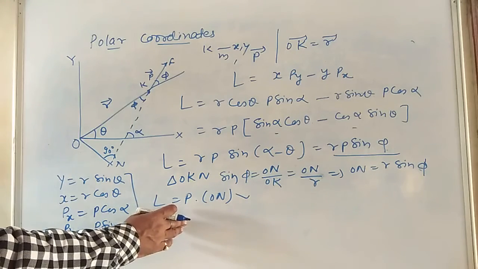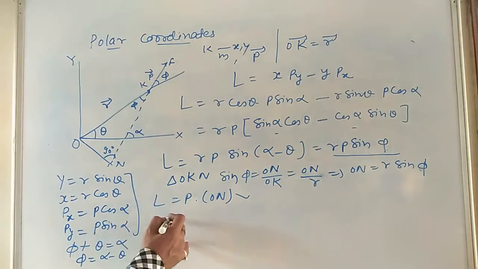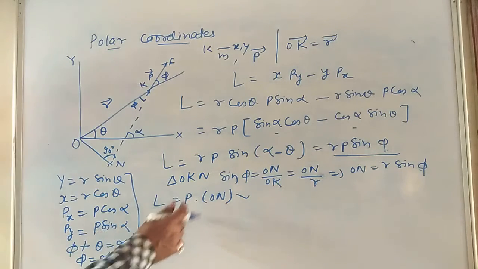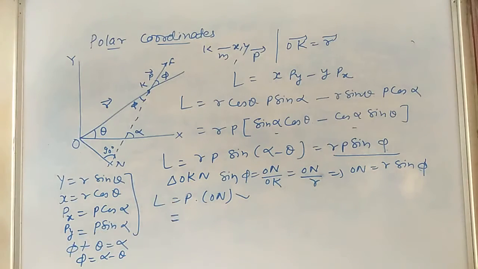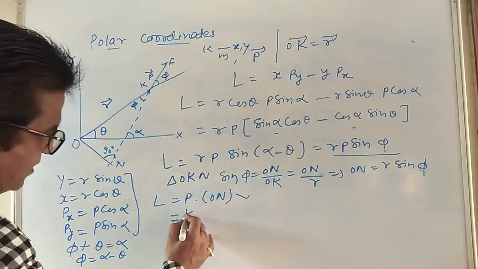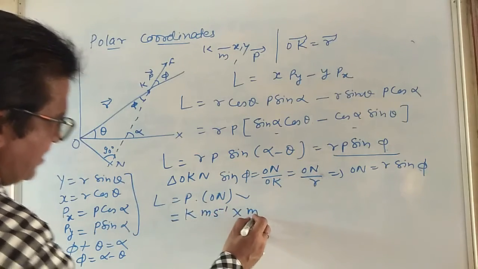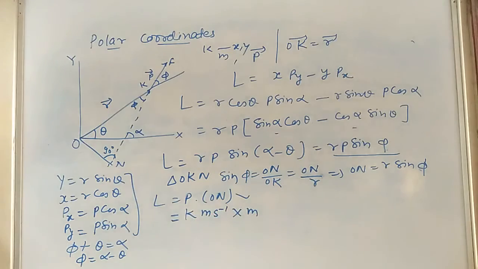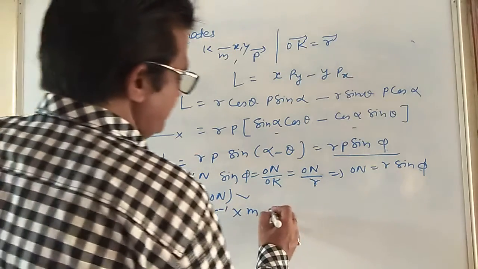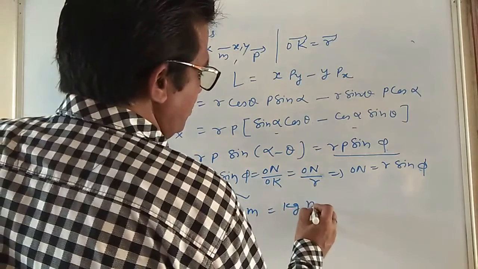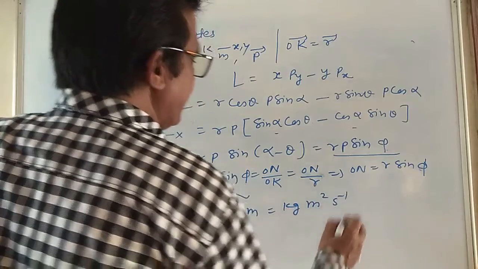The unit of angular momentum: here it is the linear momentum, kilogram into meter per second. It is again multiplied by distance, that is meter. So kilogram meter square per second.